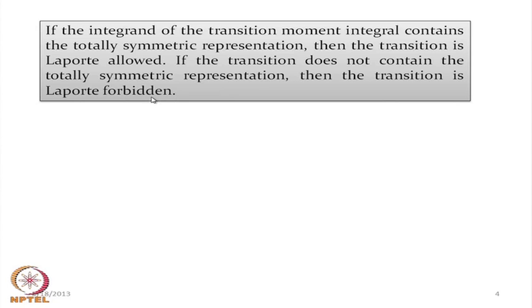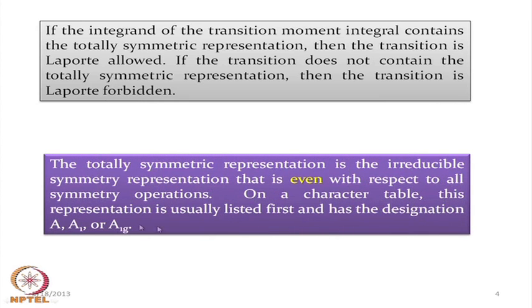So, symmetry as well as group theory plays an important role in identifying these symmetric representations, which are either centrosymmetric or not symmetric with respect to the transition. The totally symmetric representation in the irreducible representations is the A type of representation, that is, even with respect to all symmetry operations. We can get this from the character table of the corresponding symmetry group.